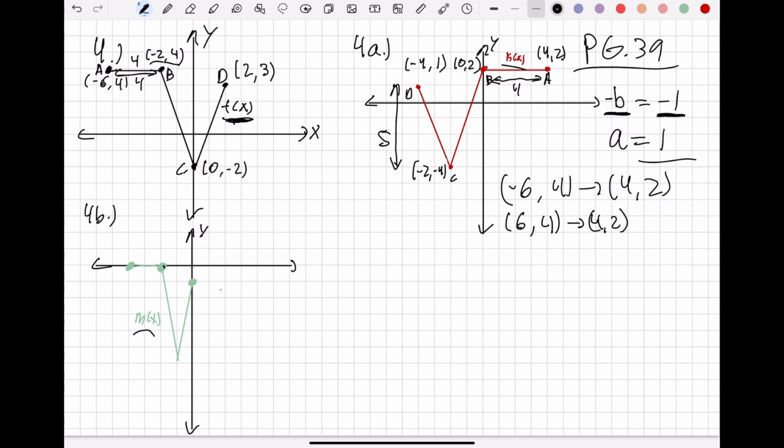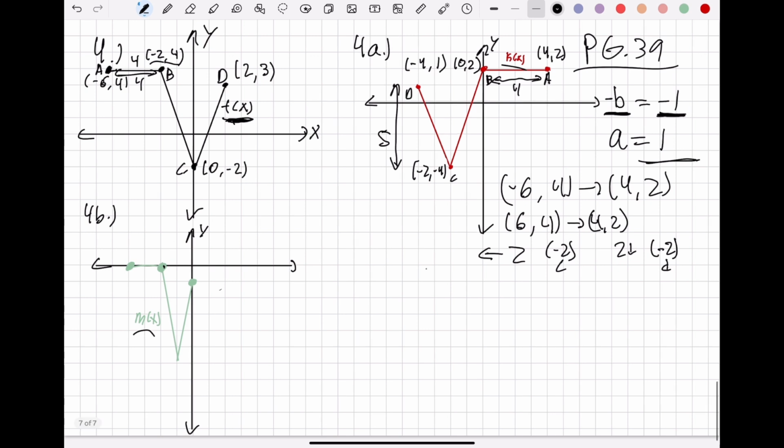So the way that we can go from 6 to 4 is by going 2 left, or a value of negative 2. The way we go from 4 to 2 is by going 2 down, also negative 2. So now we can take all of these values. So we have a c value of negative 2, a d value of negative 2, an a value of 1, and a b value of negative 1.